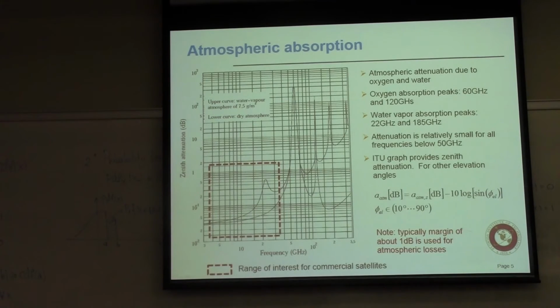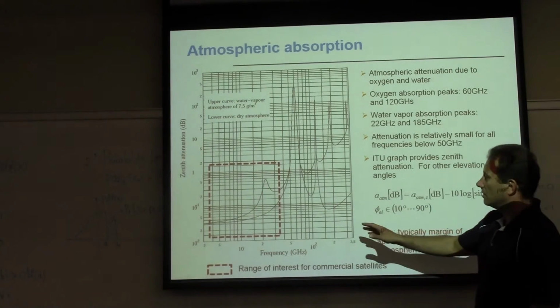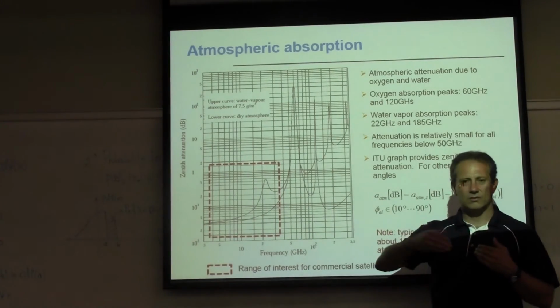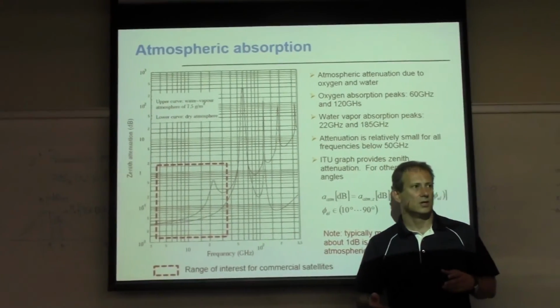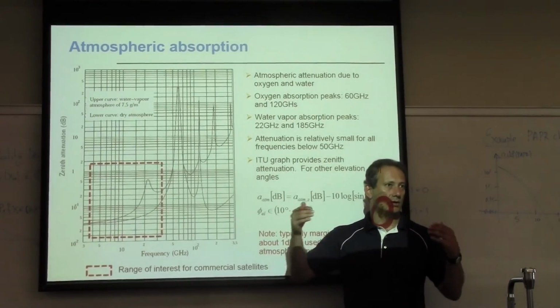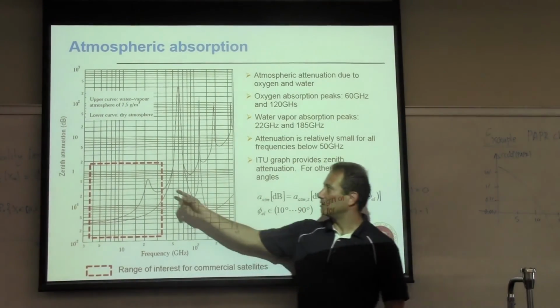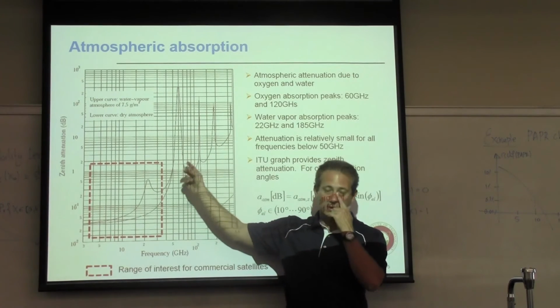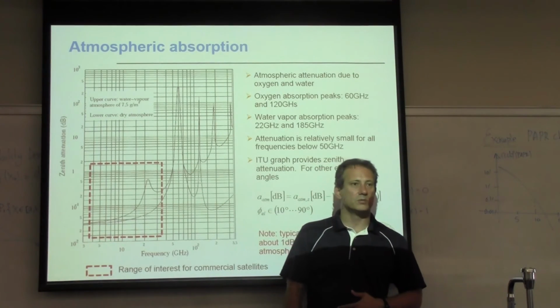And just a side comment. In the terrestrial world, since you're propagating over smaller distances, you actually are using even these peaks. You try to communicate even in these absorption peaks.